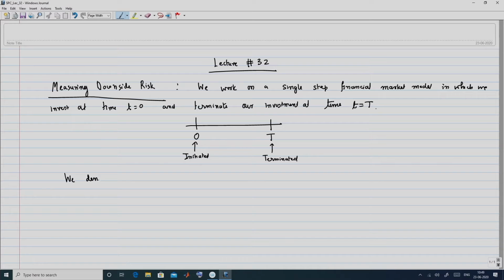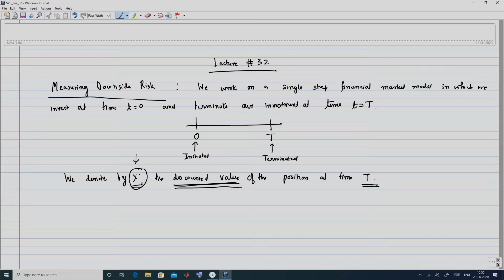So, we denote by x the discounted value of the position at time capital T. So, basically if you look at the value of your position at time T and you take the discounting of that particular random variable, that is the discounted value of the asset at time T, that will be denoted by the new random variable x, and for subsequent discussion, when you talk about a random variable x, we will mainly be focused on this particular random variable. Alright, so let us start off with the definition of value at risk.